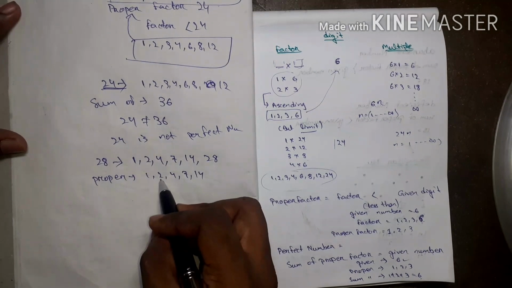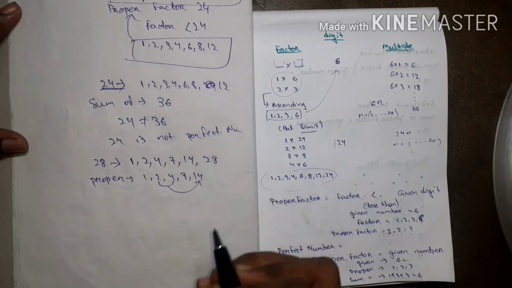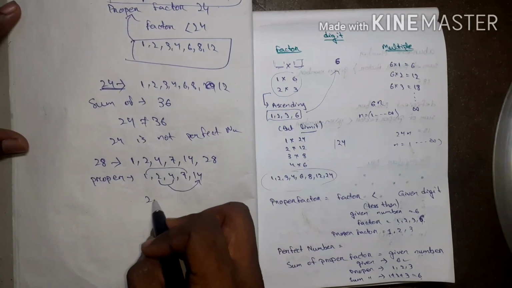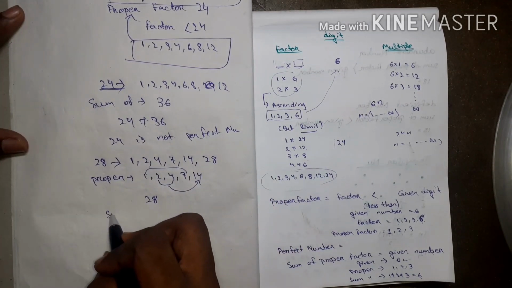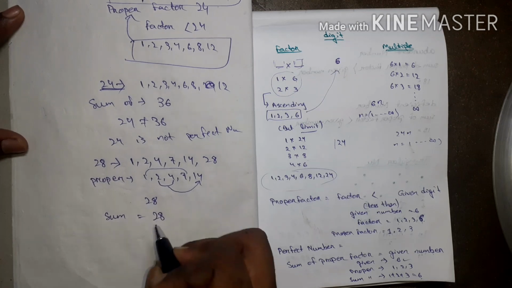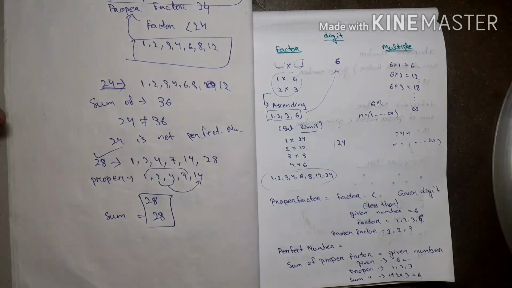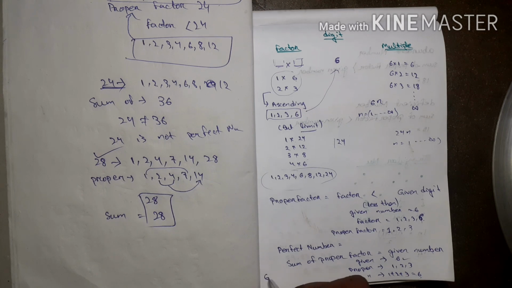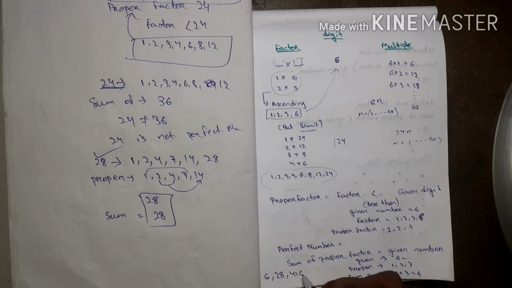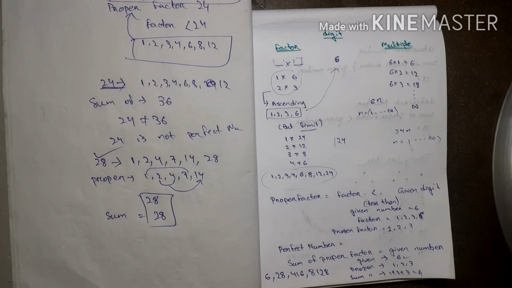Then add them: 28. The sum of proper factors is equal to 28, so 28 is a perfect number. Understand? Similarly, there are 4 perfect numbers: 6, 28, 496, 8128. Only these 4 are the perfect numbers.